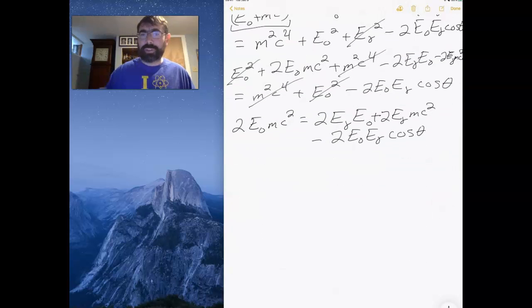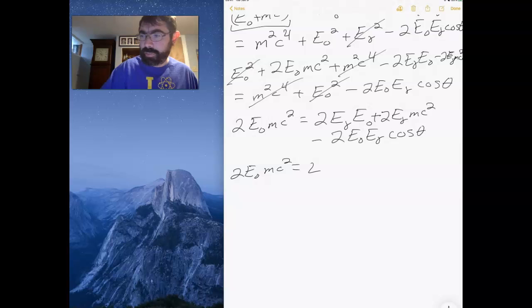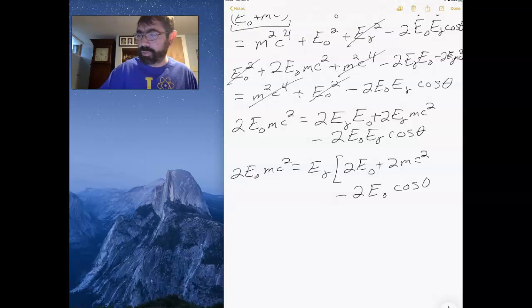If I now factor out the E gamma, I would have E gamma times 2 E initial plus 2 mc squared minus 2 E initial cosine theta. So I can cancel all the 2's right there.